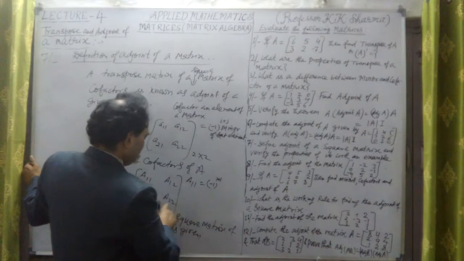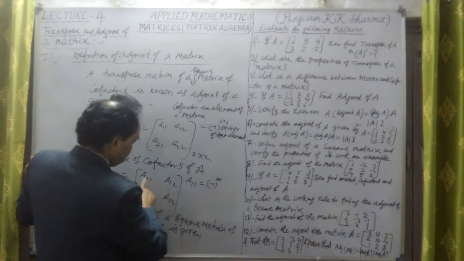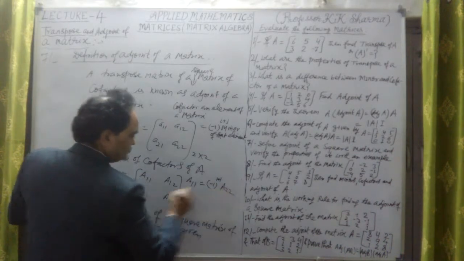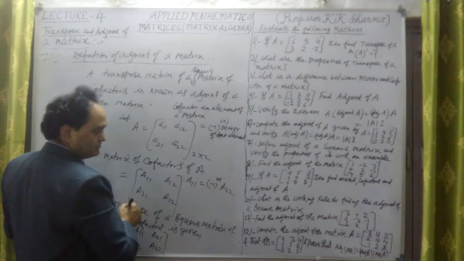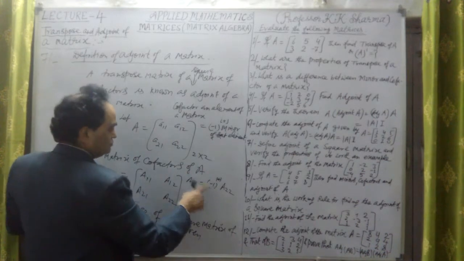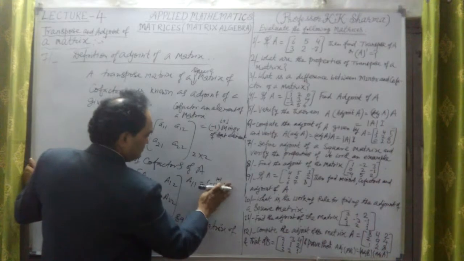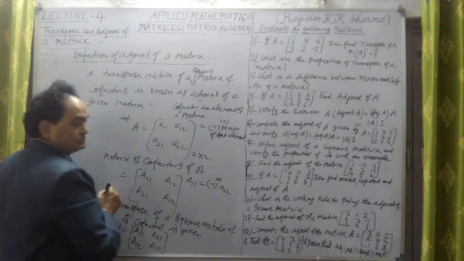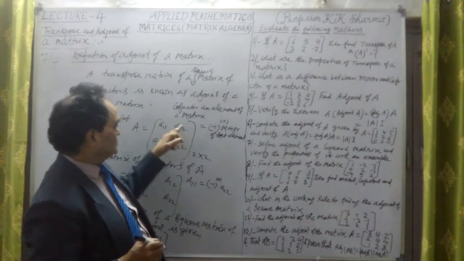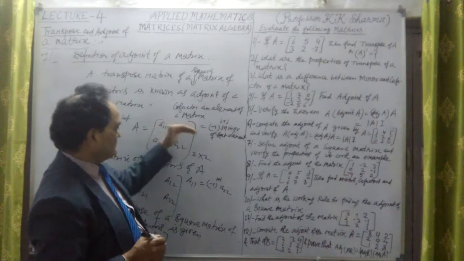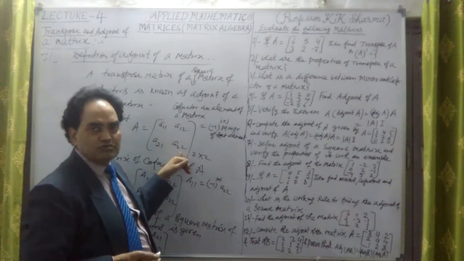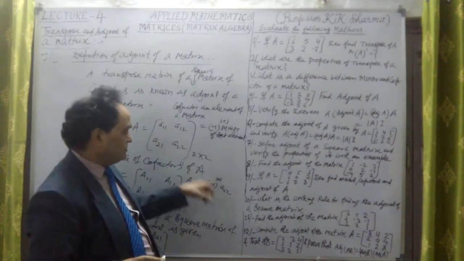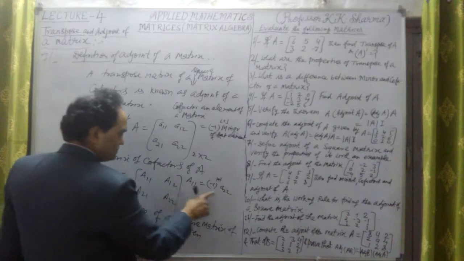With this row and this column removed, only A22 is left. This element is the minor value, and you have to put it here. This is the cofactor of A11.